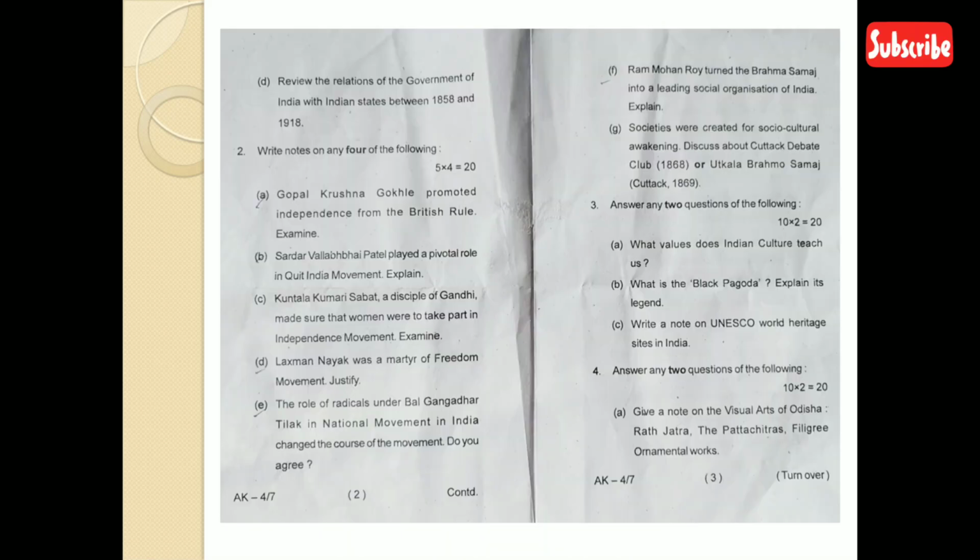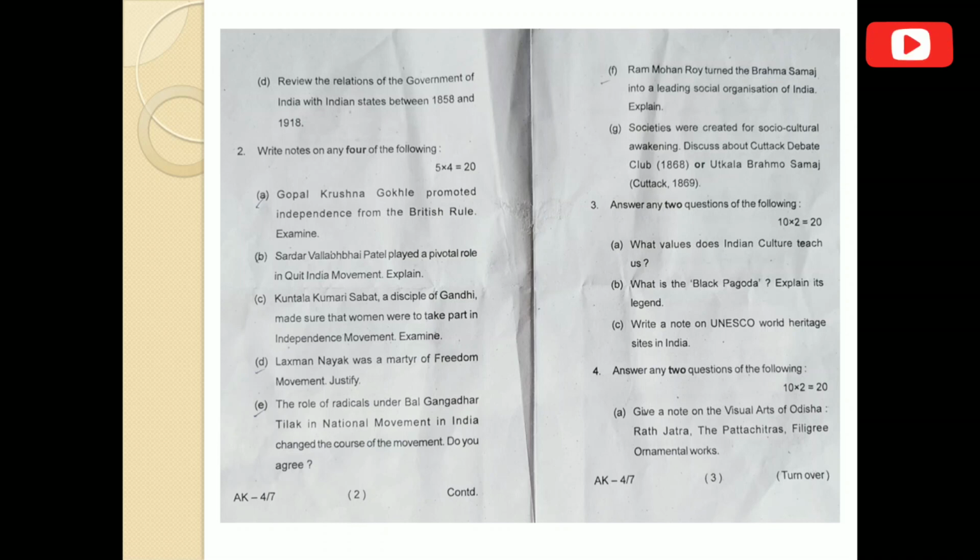Second question: the ideals and programme of the Indian National Congress between 1885 and 1905. Indirectly, it asks about the moderate phase. So you can see the questions are not coming directly; they come in indirect fashion. Then another question: the relationship with the princely states between 1858 and 1918.